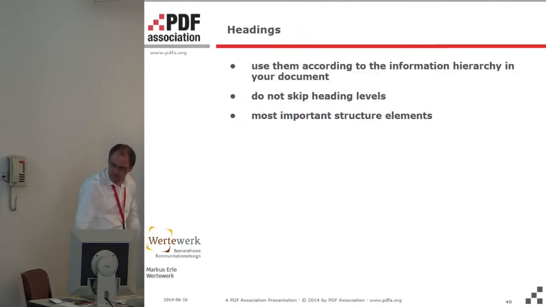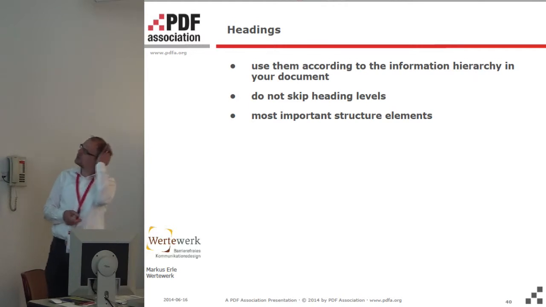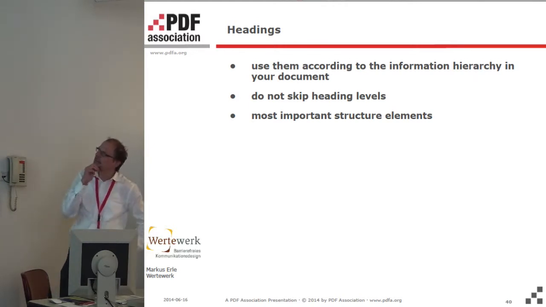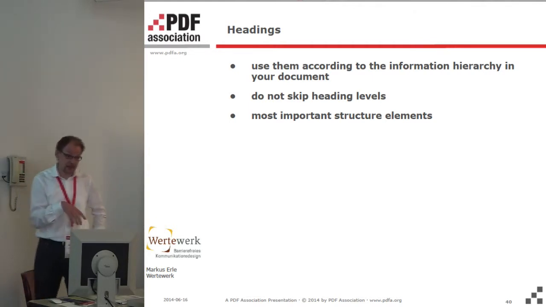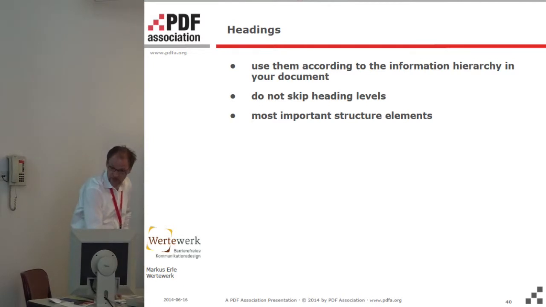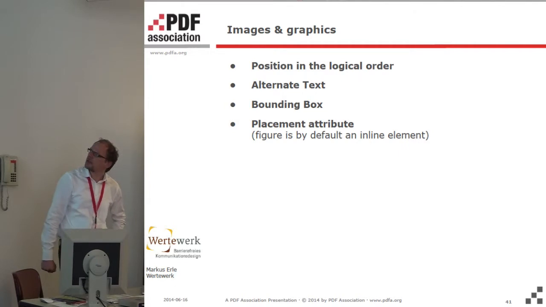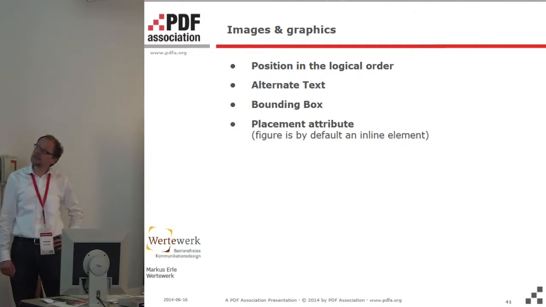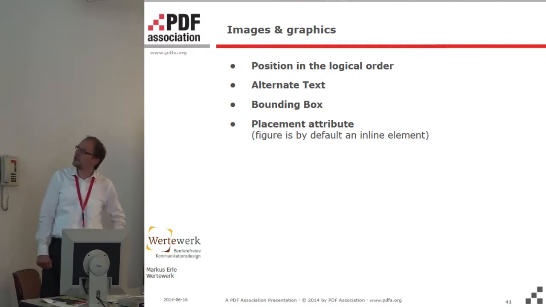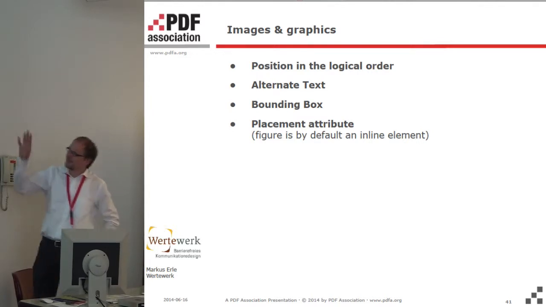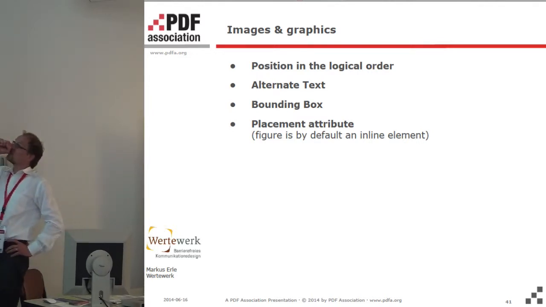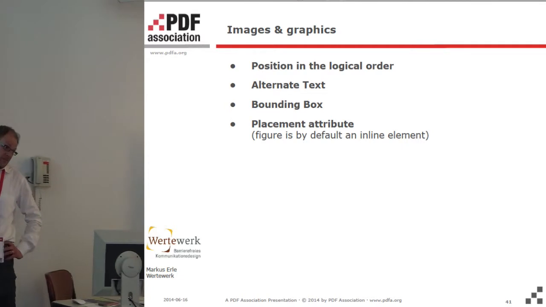Okay, I have here some details on the requirements concerning headings. Use them according to the information hierarchy in your document. Do not skip heading levels. They are the most important structure elements. Some requirements according to images and graphics. Alternate text is very clear, but a big mistake is missing bounding boxes.